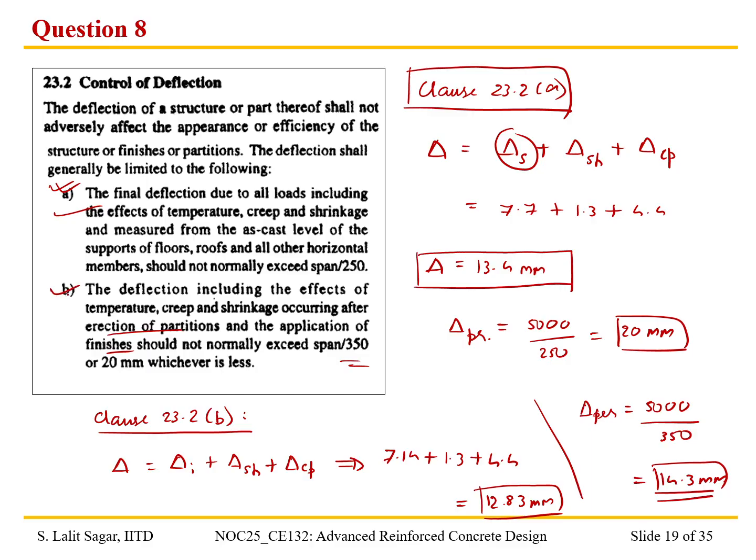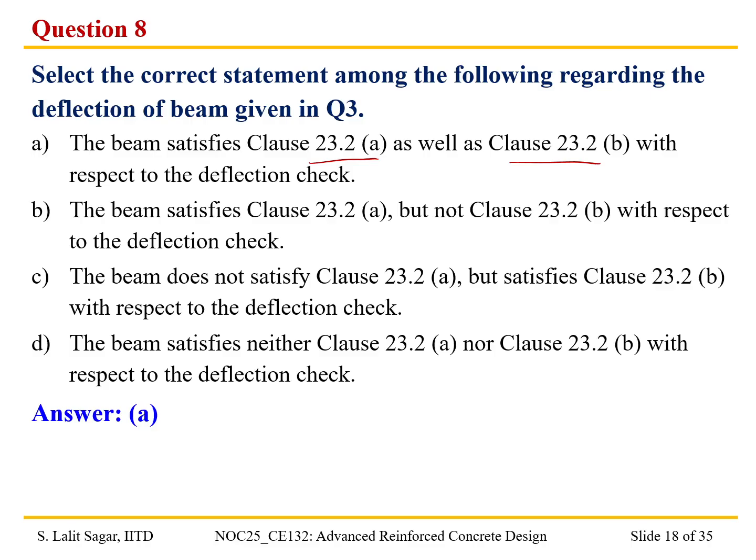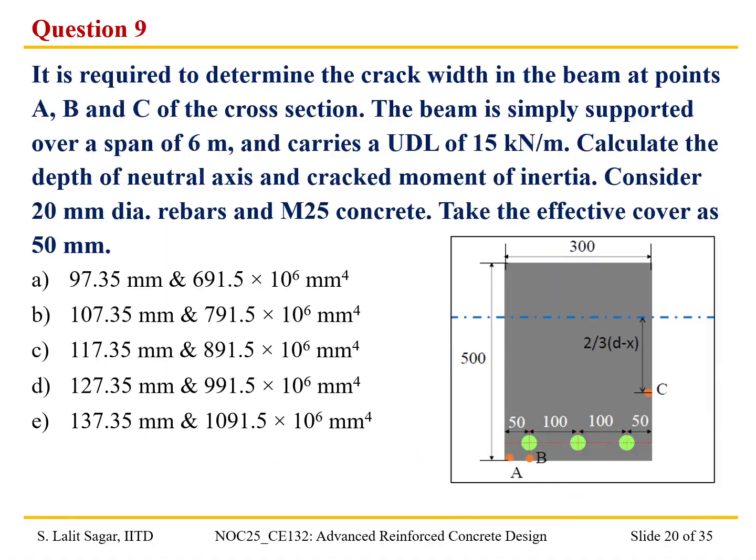If we are not able to satisfy the deflection criteria, we need to go back and redesign the beam by providing a higher depth and greater reinforcing steel in the tension region. So we can say that statement A is the correct option. The beam satisfies clause 23.2a as well as clause 23.2b with respect to the deflection check. So we'll proceed to the next question, and we're going to take up the problem on crack width.